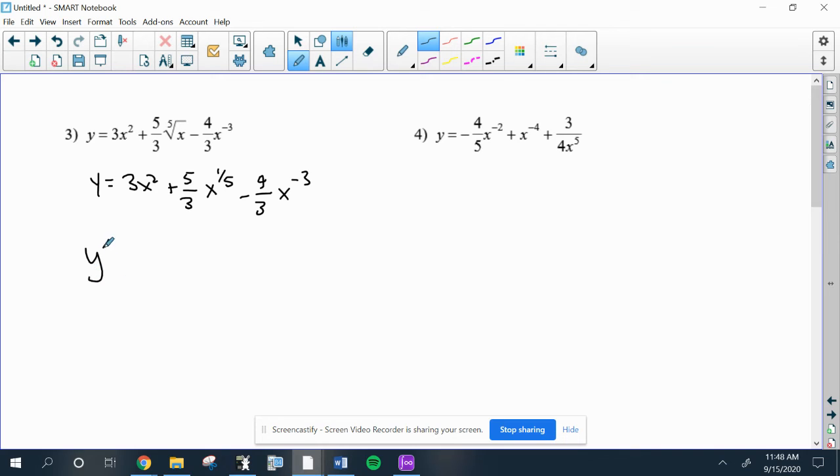So the derivative, multiply and subtract, x to the first. Plus, multiply, the 5's will cancel. Subtract. Last term, multiply. Negative times a negative is a positive. 3's will cancel. Subtract. Leave it there.